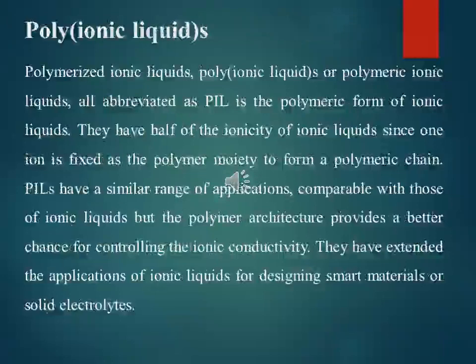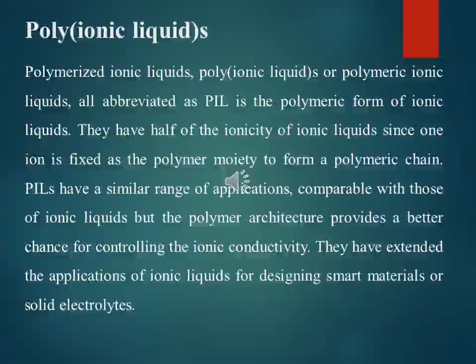Polyionic liquids. Polymerized ionic liquids, polyionic liquids, or polymeric ionic liquids, all abbreviated as PIL, are the polymeric form of ionic liquids. They have half of the ionicity of the ionic liquids, since one ion is fixed as the polymer moiety to form a polymeric chain.